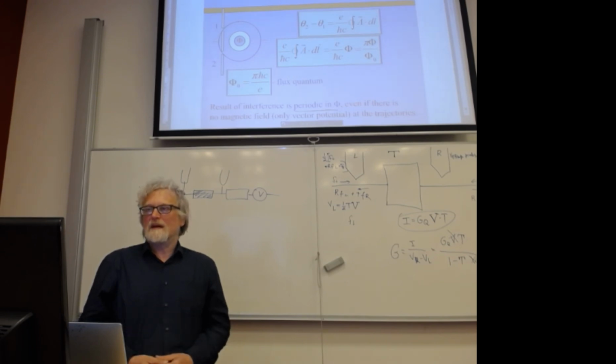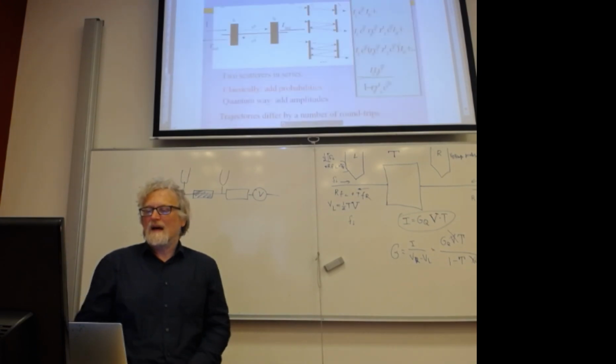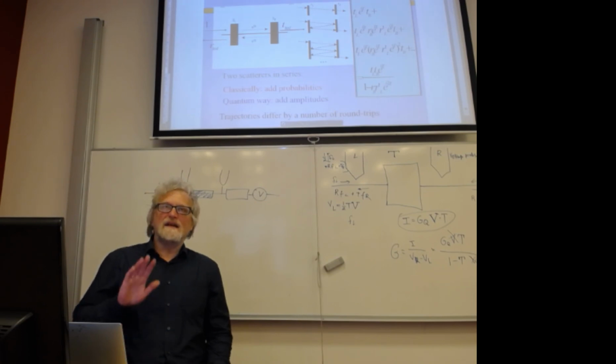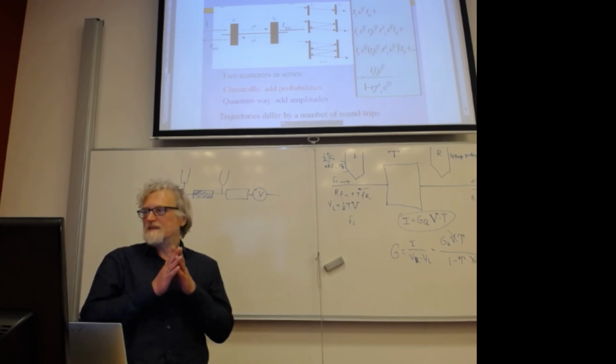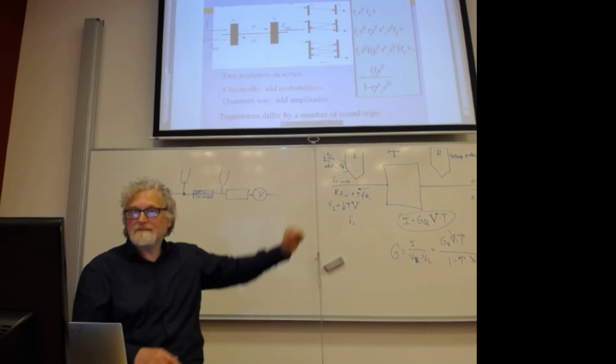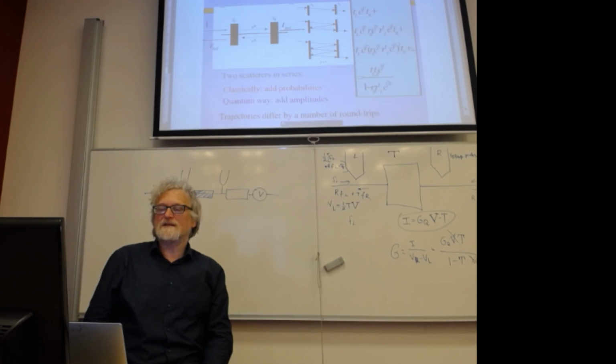Let us try to go to our business and understand interference in quantum transport setups. Again, using the scattering matrix. And I hesitate to start with the Aharonov-Bohm effect. Let's just look at a double junction. We know pretty well how it goes in a single channel scatterer.